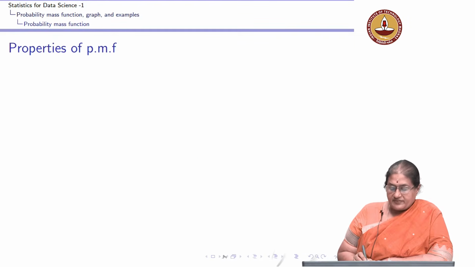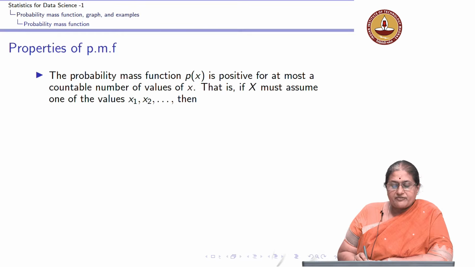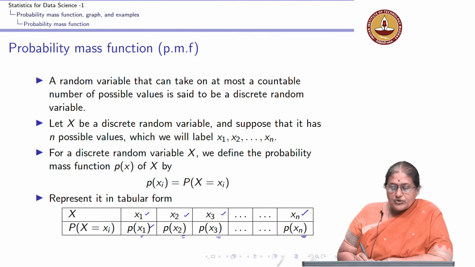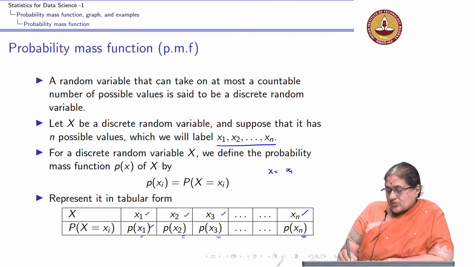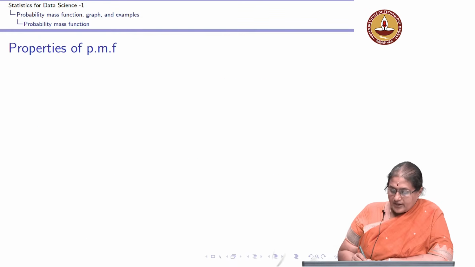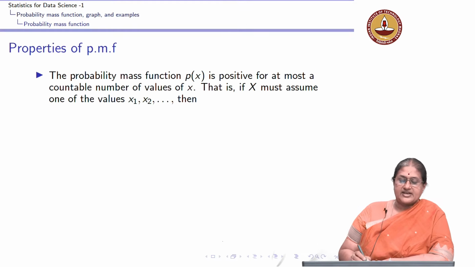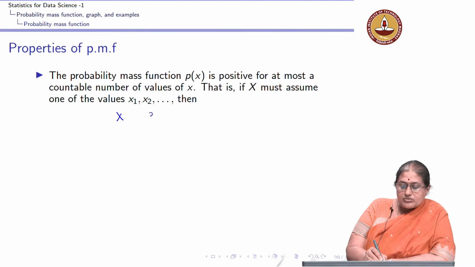So, let's look at a very simple example. Before the example, here we assume that X takes a finite number of values, x1, x2, xn. But I could also have the case that X assumes values x1, x2, x3, countable but infinite.